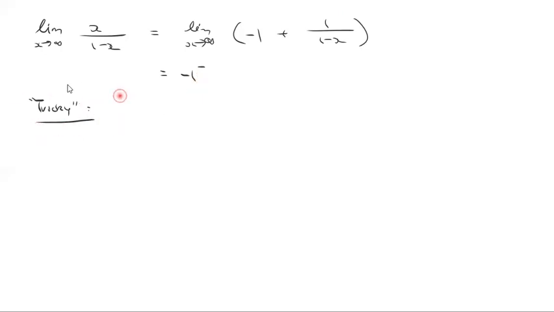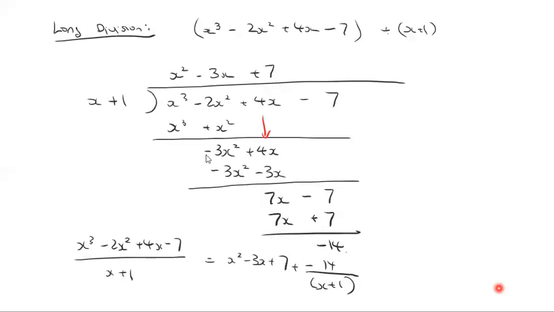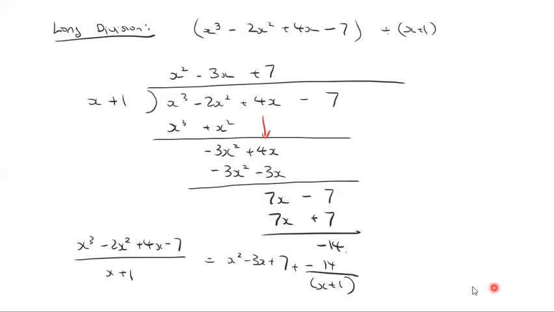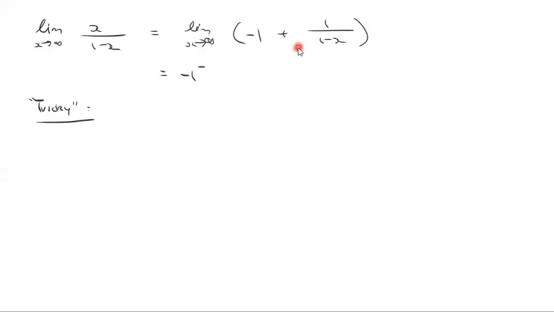Okay. So the so-called tricky way to do it is really not that tricky. And really, I'm still going to get here, I'm just not going to do it this long-winded way. So I'm going to start with the same thing. But instead of dividing, what I will probably do is recognize that I can write the numerator as a multiple of the denominator plus or minus something.